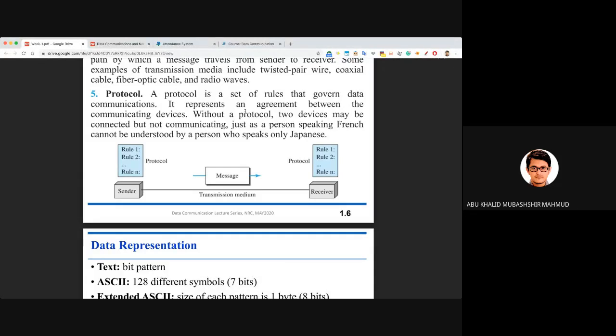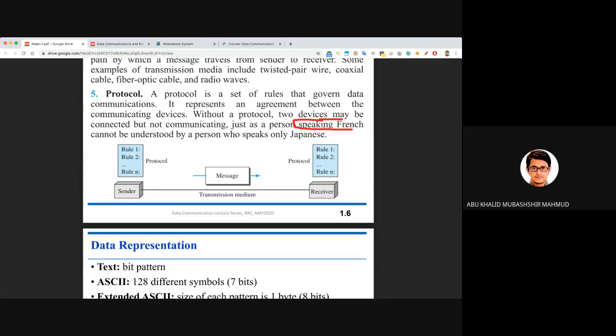It represents an agreement between communicating devices. This is a good example of why protocol is needed.